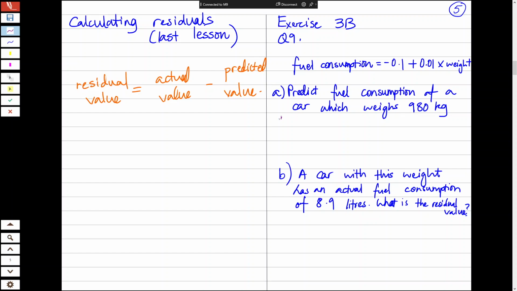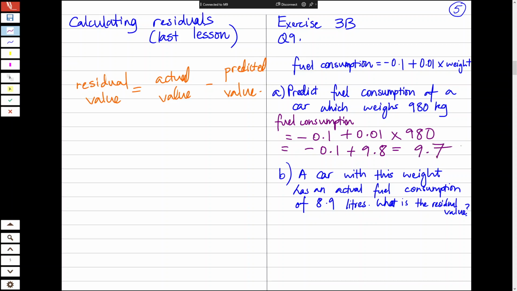So fuel consumption equals negative 0.1 plus 0.01 times 980. And if you do that, you get 9.7. Okay, just use a calculator if you don't know the trick with the decimal point.